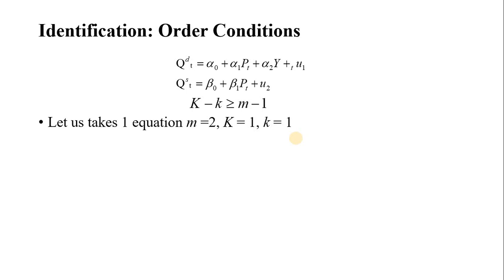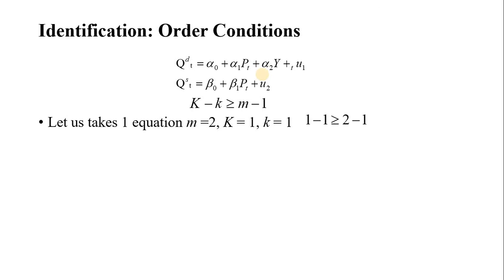First equation, how many m's are there? 2 endogenous variables, Q and P. The predetermined variable in the system as a whole is only one, Y only. In the equation also only one predetermined variable is there, so small k and capital K are equal to 1.